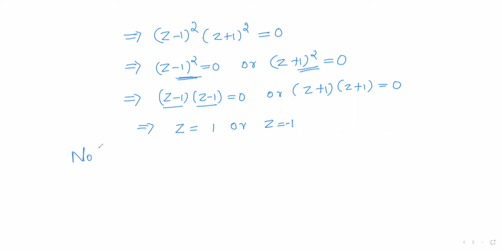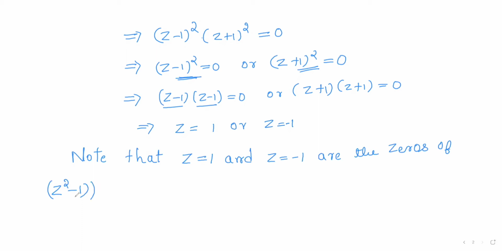So note that z is equal to 1 and z is equal to minus 1 are the zeros of the denominator polynomial z square minus 1 whole square, each of order 2.